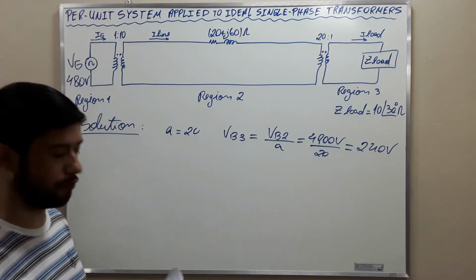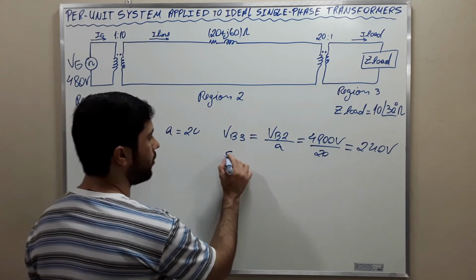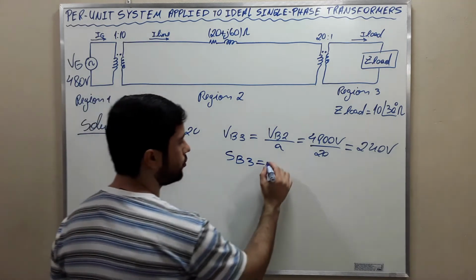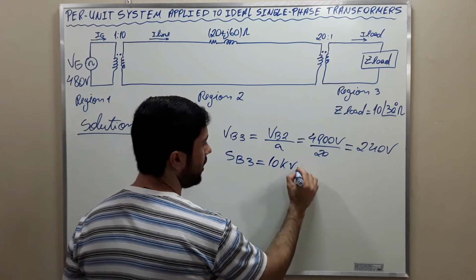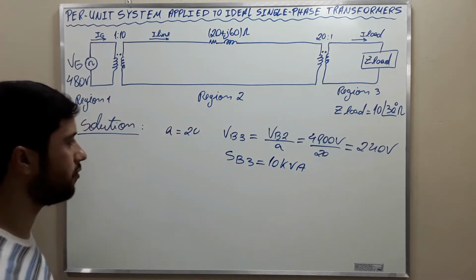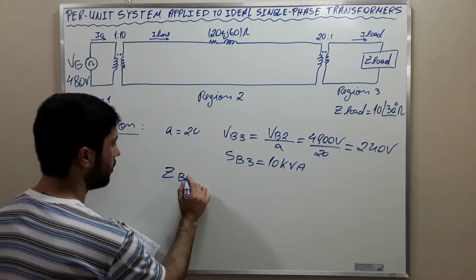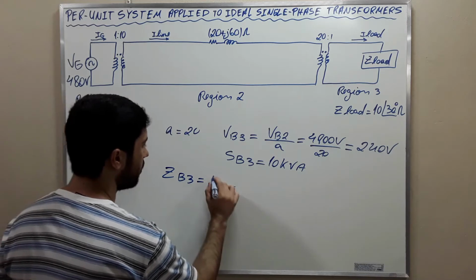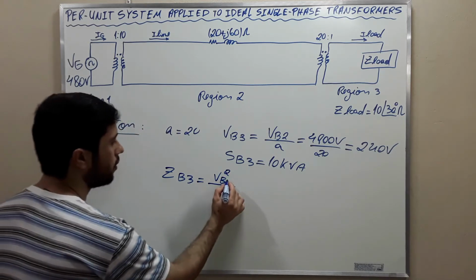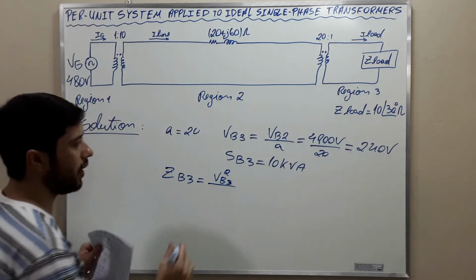As was done for the other regions, the base value for the apparent power is equal to 10 kVA. And the impedance, again, is going to be VB3 squared divided by SB3.